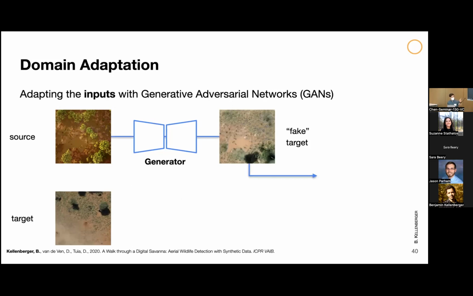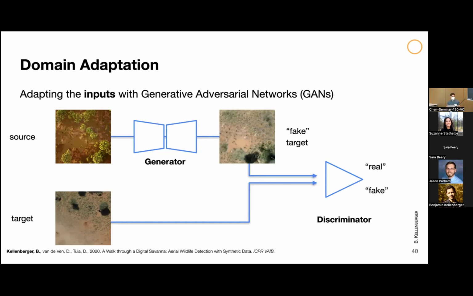We take this fake target image and the real target image, and we feed this into what's called a discriminator. And this is just a classifier, it can be a ResNet, which gives you an output: real or fake. So all this classifier does is identify: is the image real, so from the target domain, or is it fake, coming from the generator?